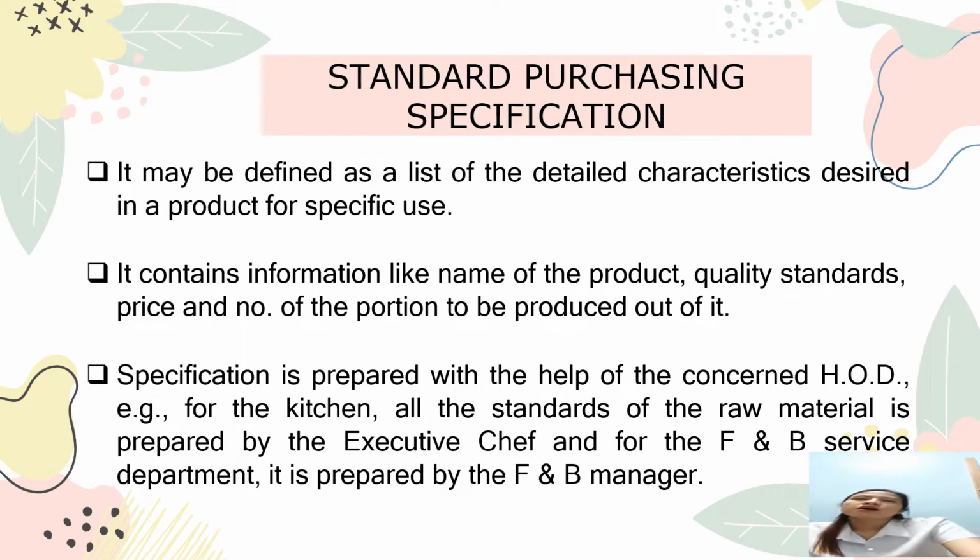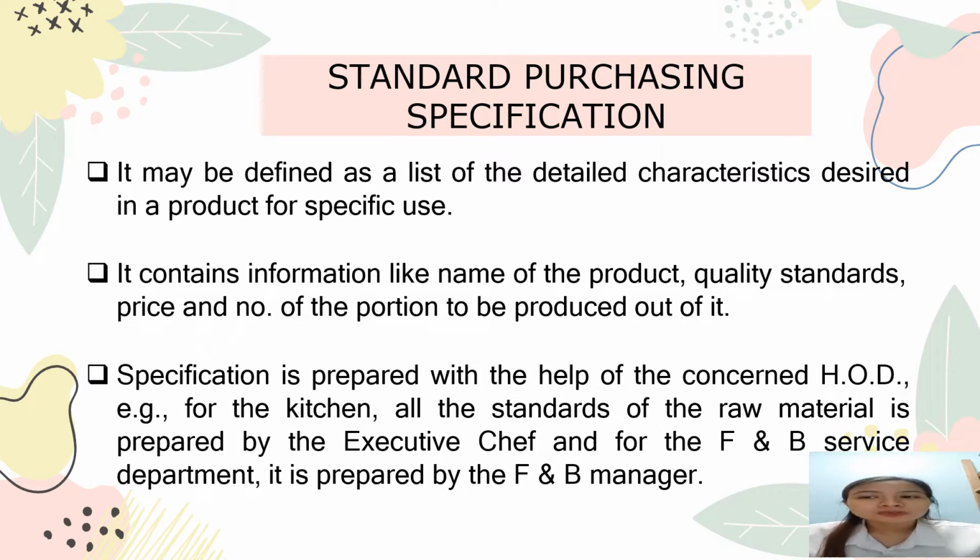So we have standard purchasing specifications. A standard purchasing specification is defined as a list of the detailed characteristics desired in a product for a specific use. It contains information like the name of the product, quality standards, price, and number of portions to be produced out of it.